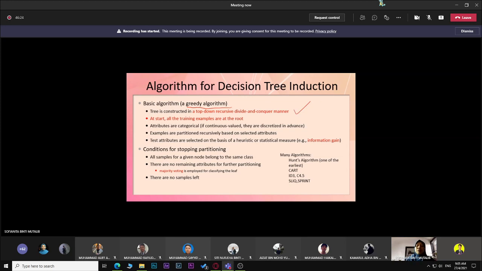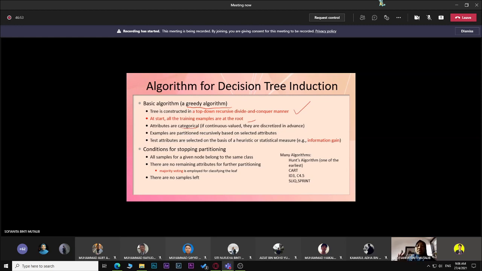So it starts by looking at the examples. At the beginning, all the training data belongs to the root. If this data set has input attributes with categorical data, it will be processed further.